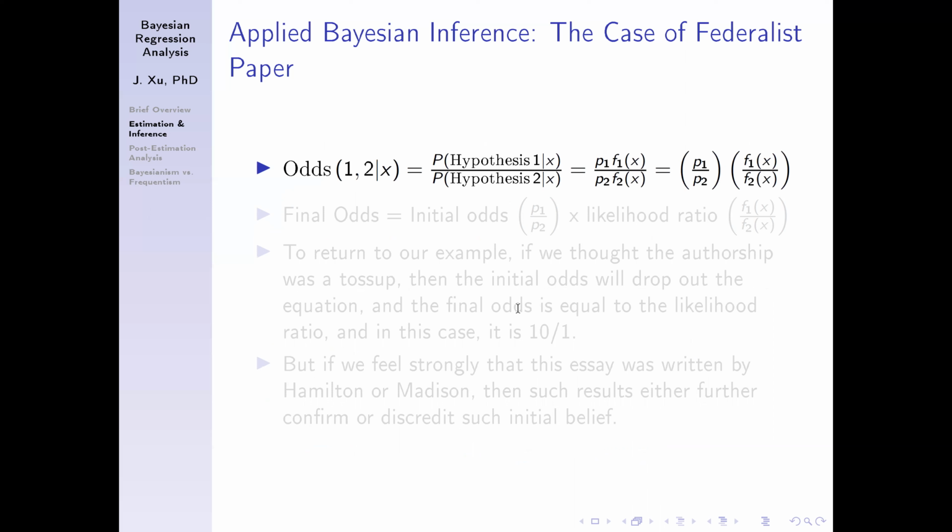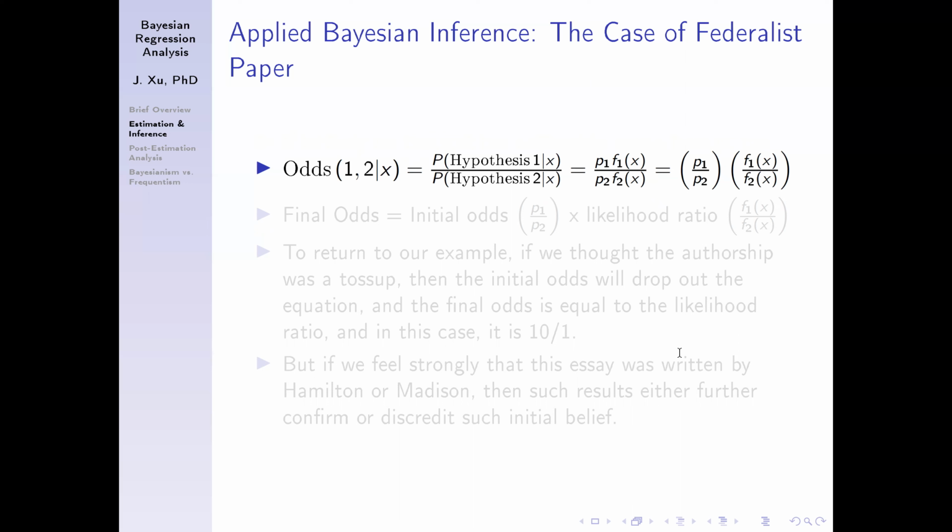Because we want to know, given observed data x, whether Hamilton wrote the paper versus Madison wrote the paper. And that turns out to be a ratio of P1 multiplied by f1 of x over P2 multiplied by f2 of x.